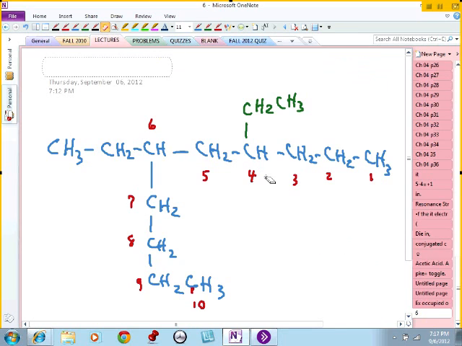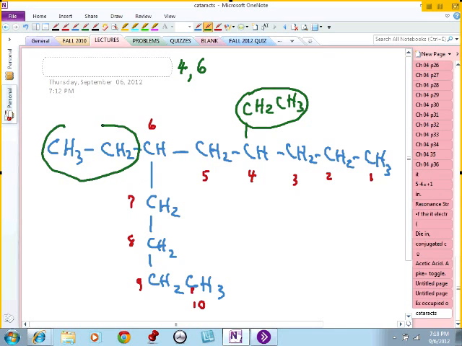Okay, 4, 6, very good. You see, both of the substituents are the same. You have an ethyl group here in position number 4, and you also have an ethyl group here in position number 6.